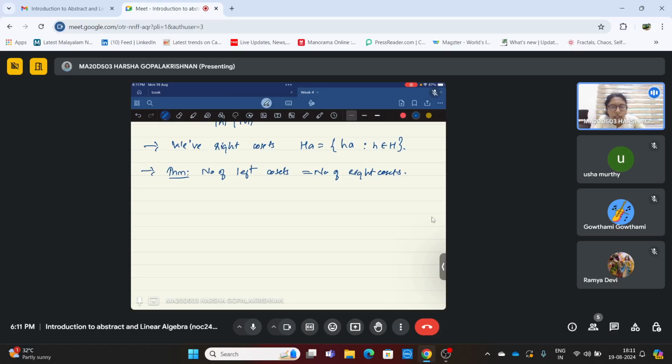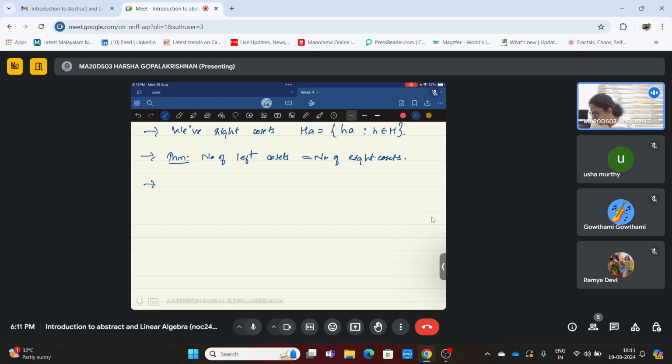If we count left cosets and right cosets, however many distinct left cosets there are, that many right cosets will also be there. If we have a group G and a subgroup H, and the left cosets of H in G are 5, then the right cosets of H in G are also 5. That is what this theorem says.